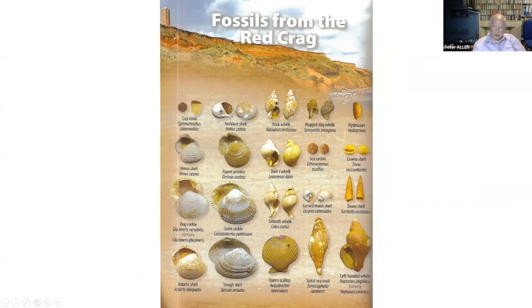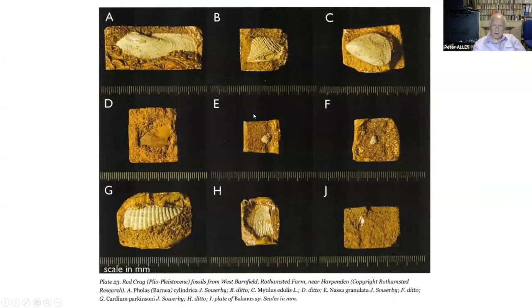I'm sure most of you have seen most of this sort of thing, but I hope it will bring back some memories. And then if we move on, here are some fossils found at a place called Rothamsted near Harpenden. You can see we've got enough fossil evidence there to link Rothamsted with the Red Crag.